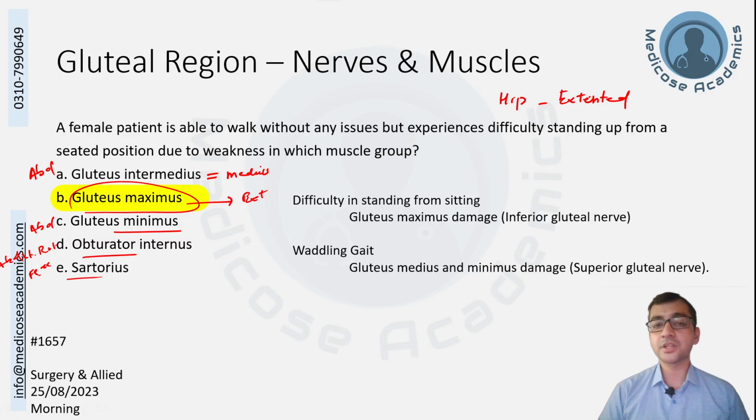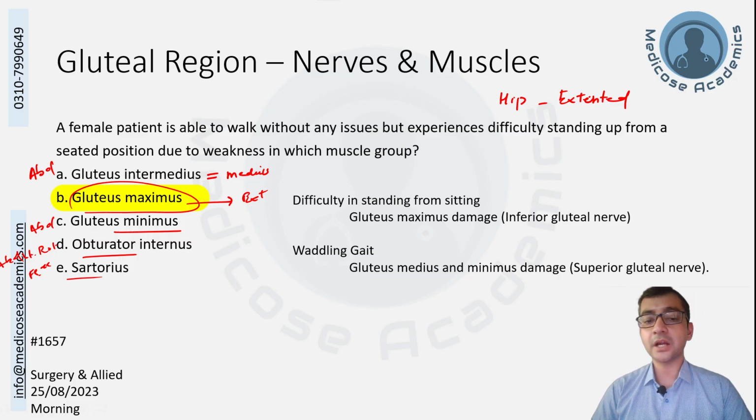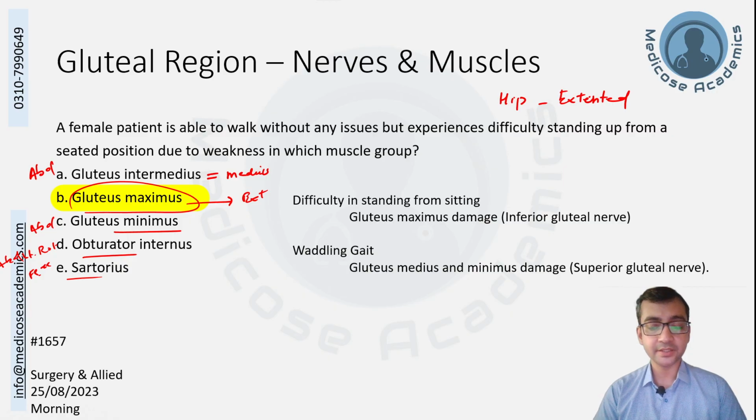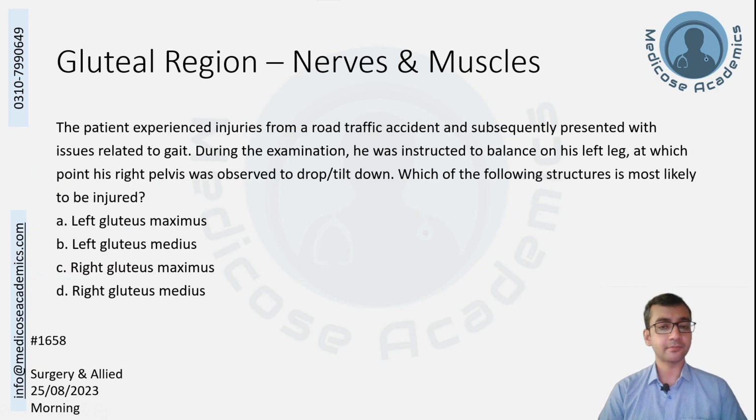So you are given a question regarding difficulty in standing from sitting position, and you are also given a question regarding waddling gait or tilting of pelvis, and that is due to the loss of gluteus medius and minimus. And for each of these questions, you should know the innervation of these muscles so that you can answer if the nerve is asked rather than the muscle.